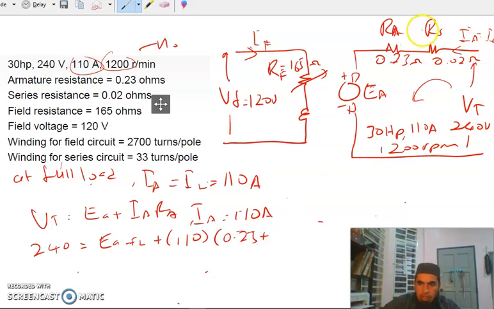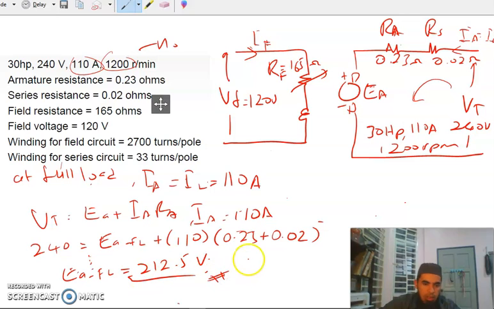Now we have to add the series value of 0.02 ohm. So you solve this equation, you get EA at full load is equal to 212.5 volt.